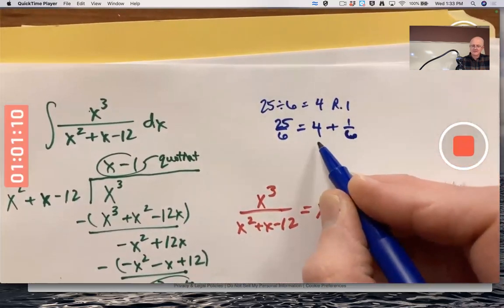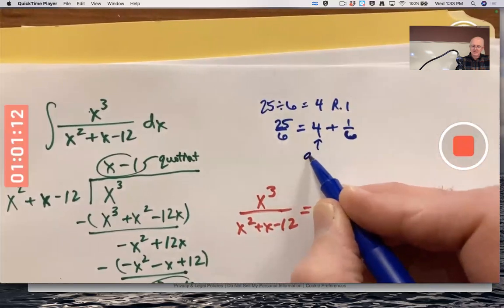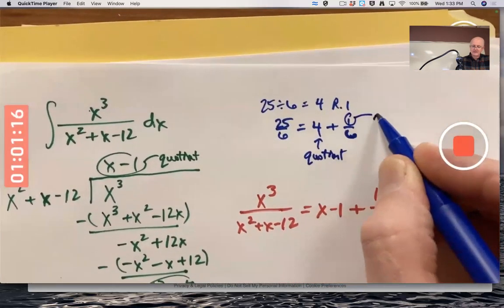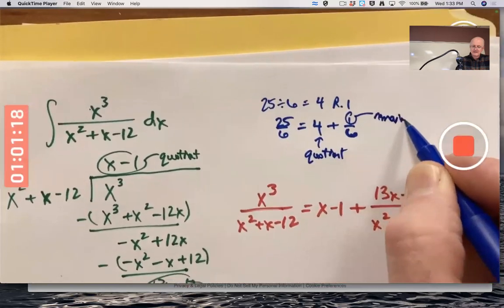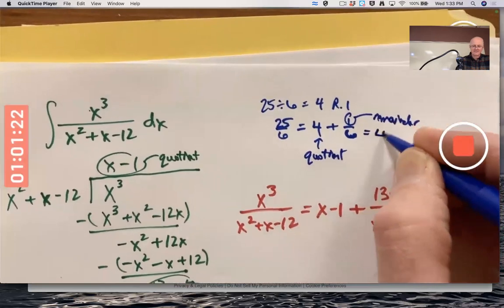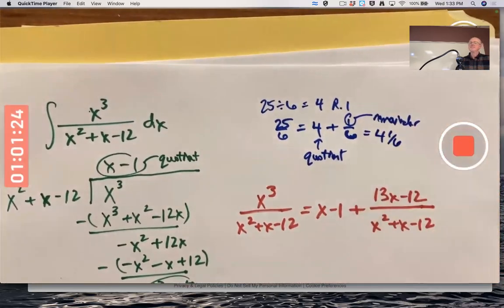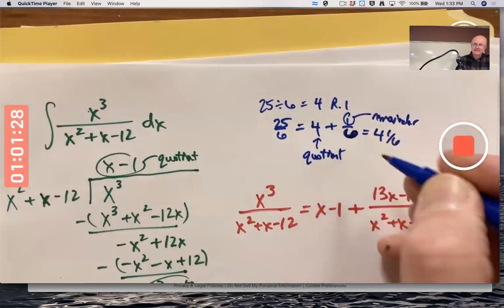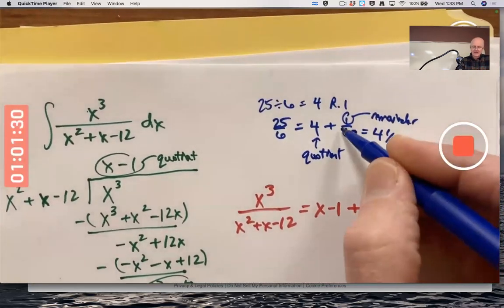There's the quotient. Quotient. There's the remainder. And then you say this improper fraction 25/6 equals this mixed fraction 4 1/6. But what is 4 1/6? It's 4 plus 1/6. That's a sixth thing.